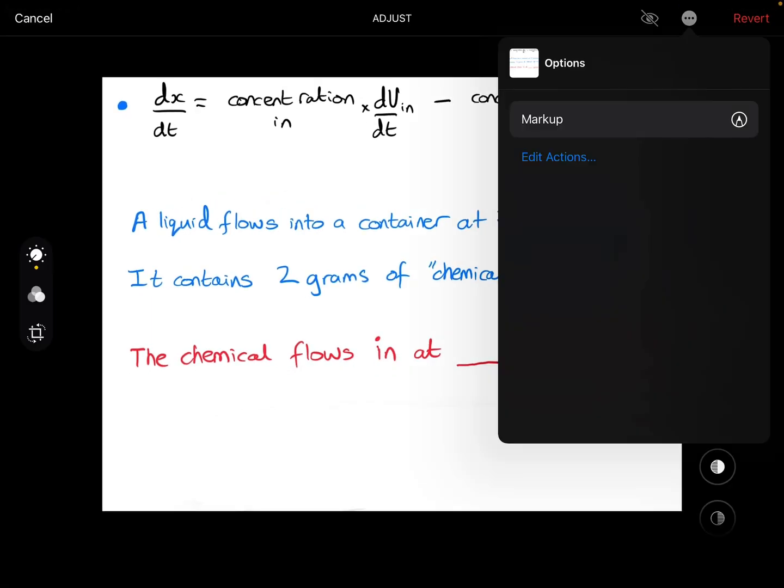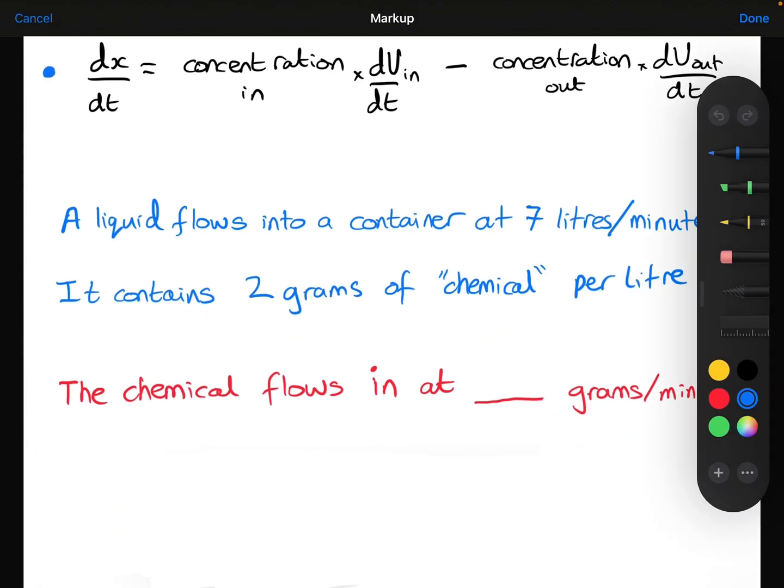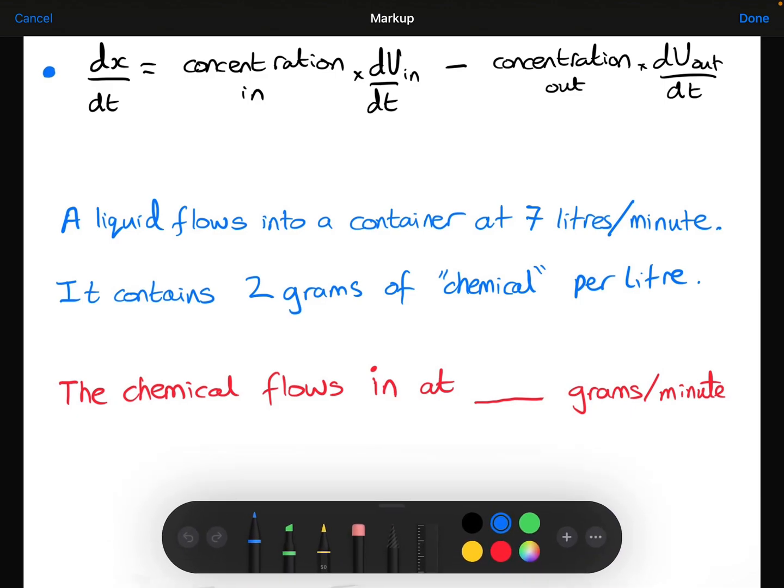Okay, step 3. Let me explain this formula I had. If I say that a liquid is flowing into a container at 7 litres per minute, and that liquid contains 2 grams of chemical per litre, so there's 2 grams of the chemical in every litre, and the liquid's flowing in at 7 litres per minute.